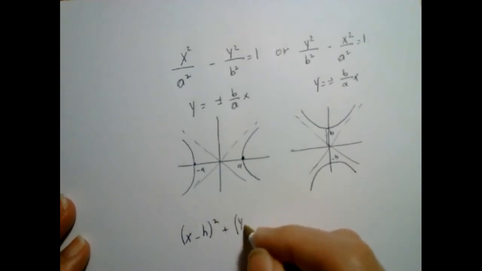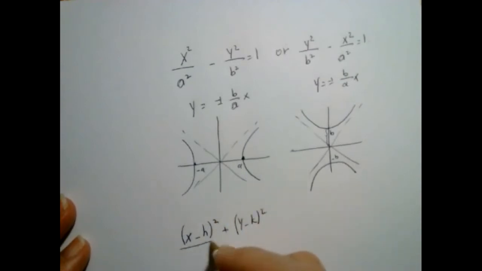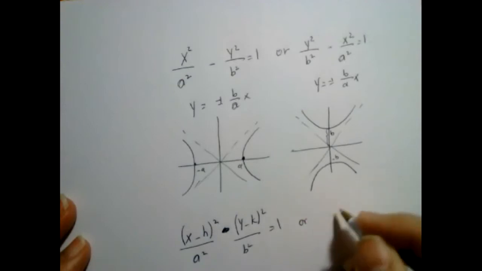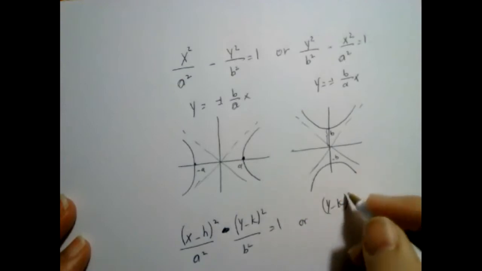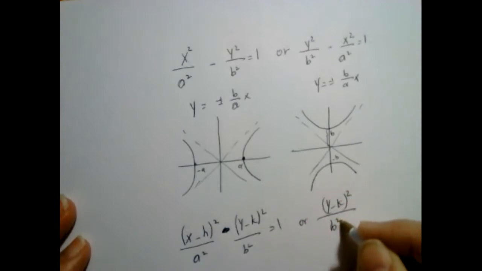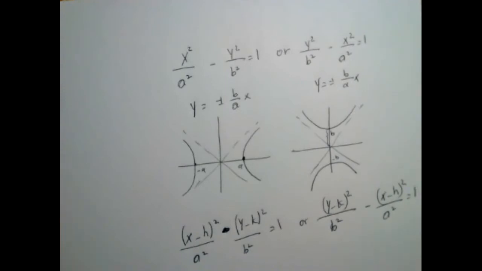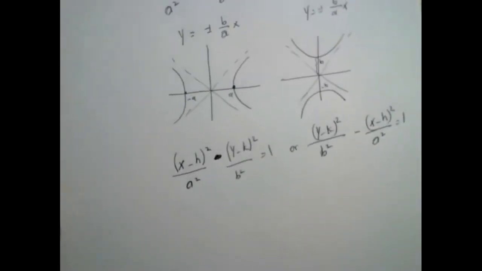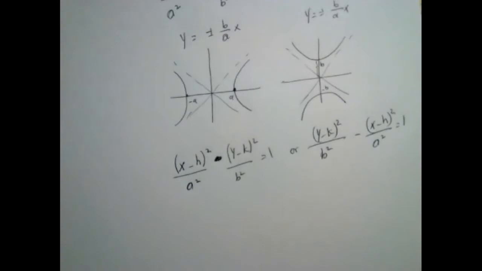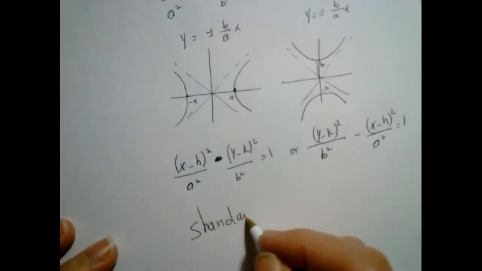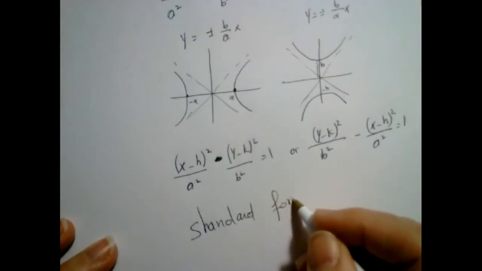So instead of x, we'll have x minus h, and y minus k squared over b squared, equal to 1. This is called the standard form of the hyperbola.